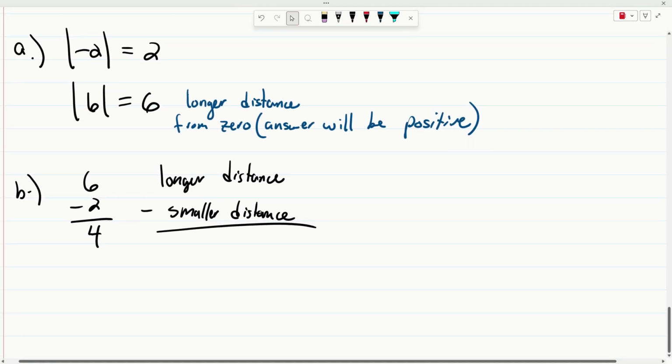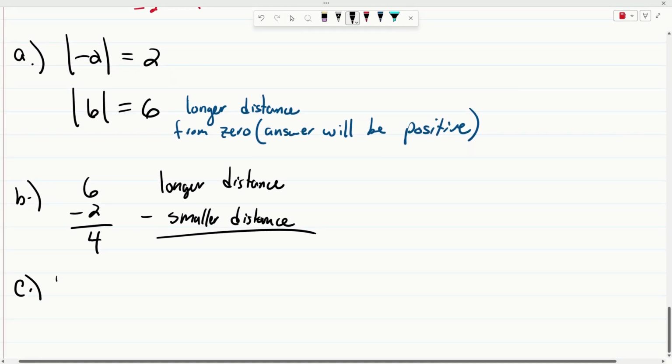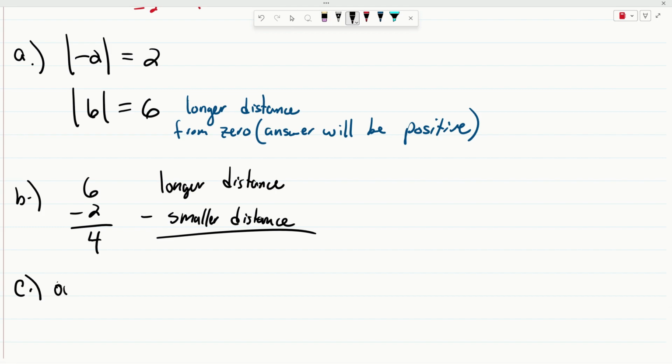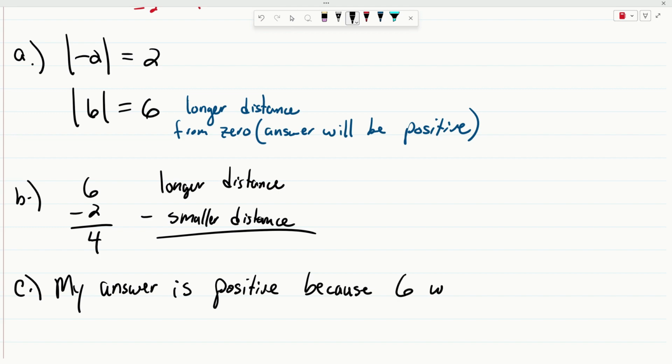And then the third thing you did was you said, I'm going to give ownership of the sign: my answer is positive because 6 was the larger absolute value.